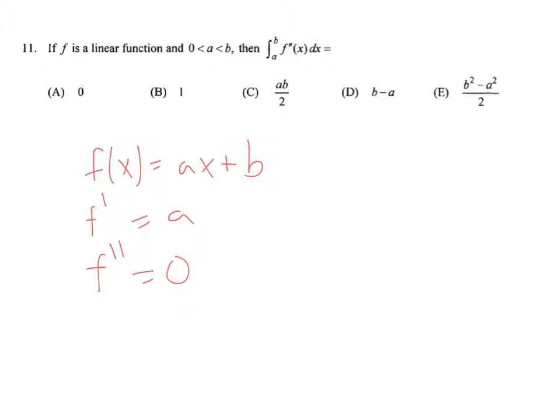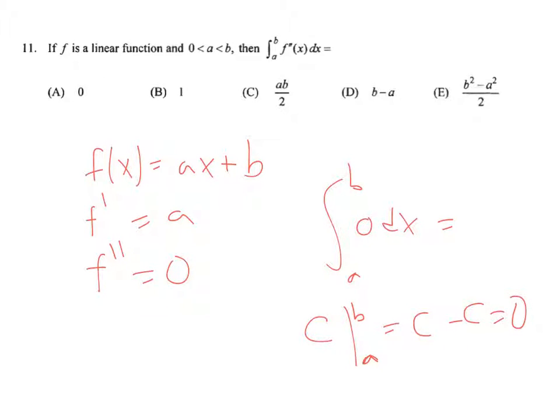So now I am going to integrate f double prime of x, which is 0, dx from a to b. Well, the antiderivative of 0 is some constant evaluated from a to b. A constant evaluated at b minus a constant evaluated at a is the same constant minus the same constant, which is 0.